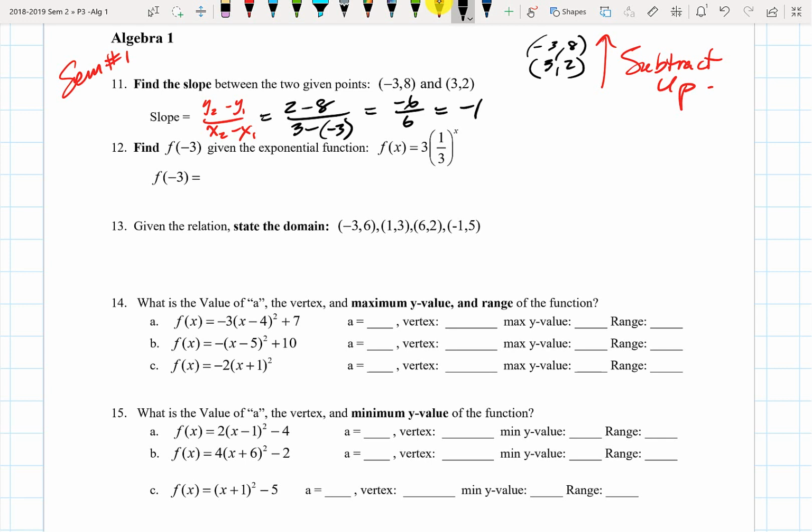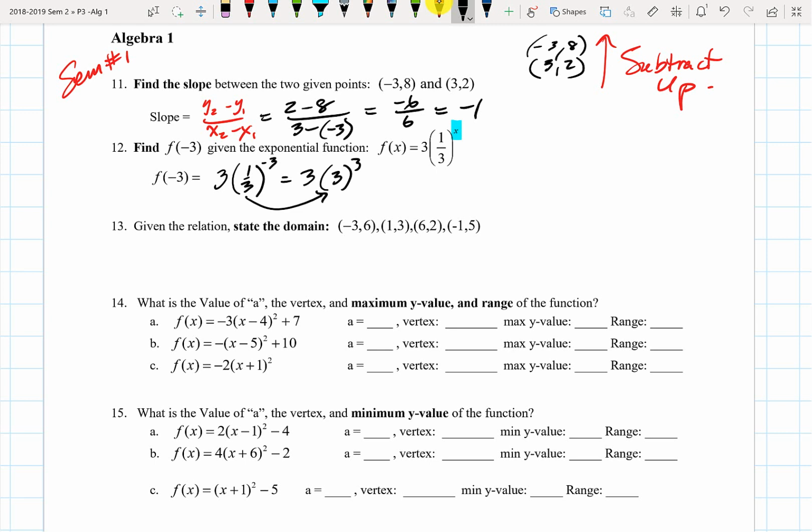Okay, f of -3, you got to evaluate it. You need to substitute it in where you see the value of x. So it's 3 times 1/3 to the -3 power. Like I said earlier, you got to reciprocate the fraction. So this is 3 times 3 cubed.